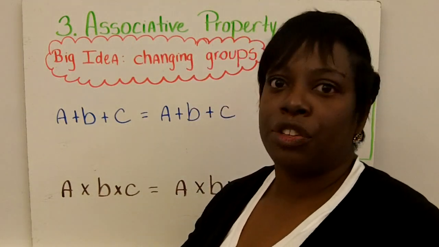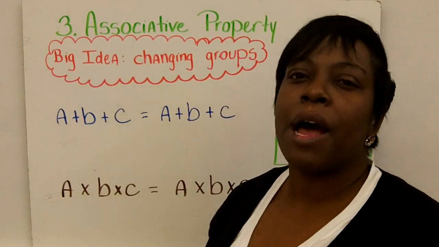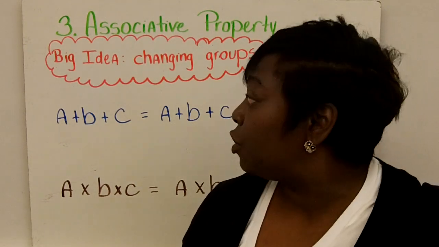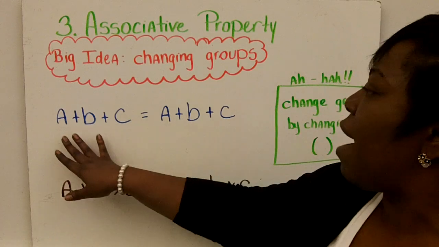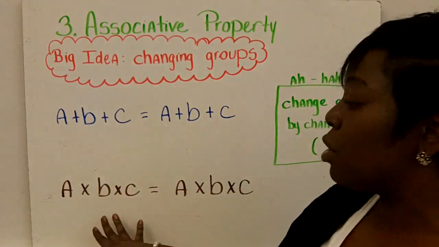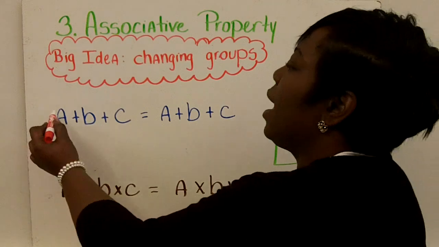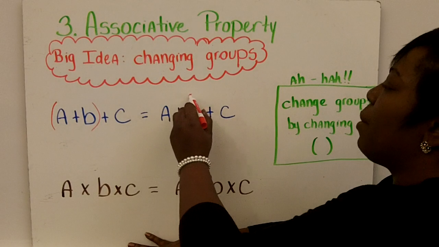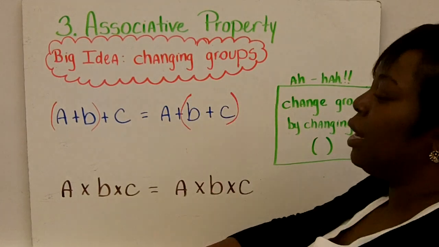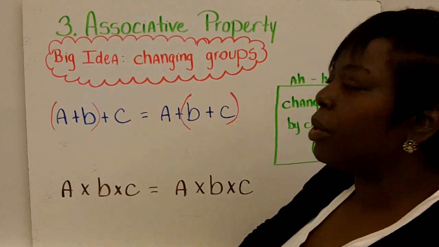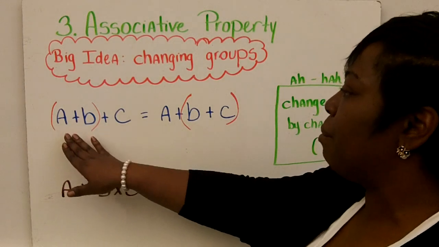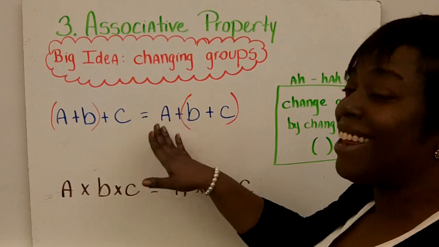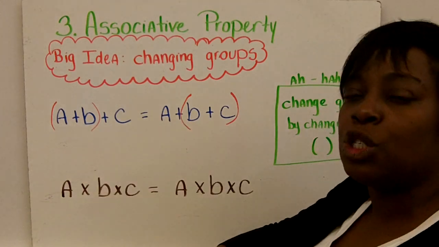Next, we have the associative property. The big idea about the associative property involves changing groups. And what the associative property says is that when you have numbers that you're adding or multiplying, if we had A plus B in a group, and we come over here, now we have B plus C in a group, it doesn't matter if we add A and B together and then C, or B and C together and then A, both sides will be equal to each other.